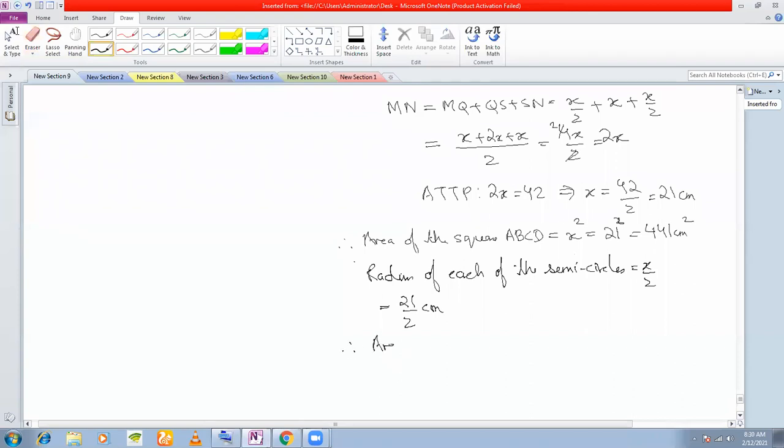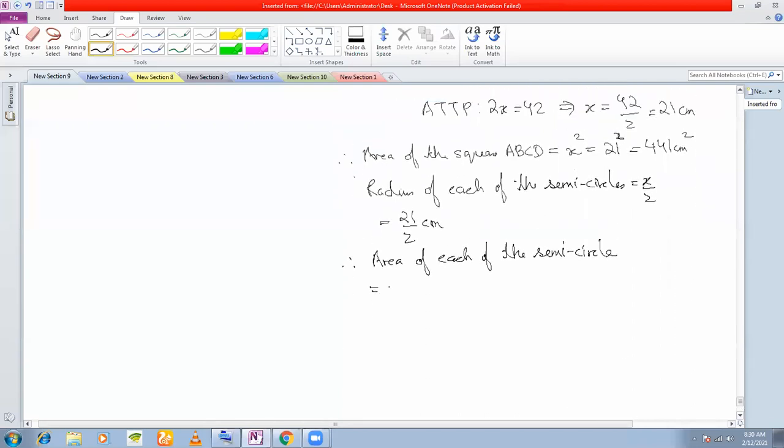Therefore, area of each of the semicircles. What is the area of each of the semicircles? It is half pi r square. So half, put the value of pi as 22 by 7, into r square, radius is 21 by 2 square, which is half into 22 by 7 into 21 by 2 into 21 by 2.